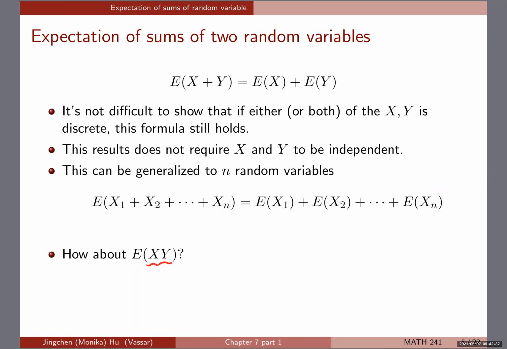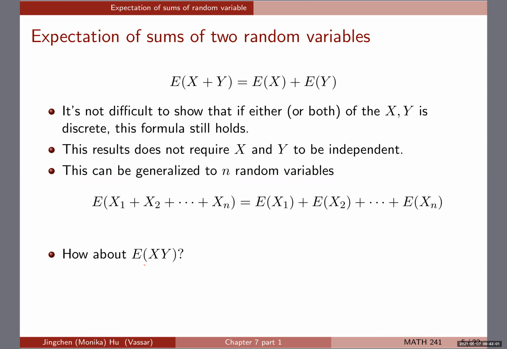Remember, we have the general result for the joint function to find the expectation of g(x,y). Earlier, x plus y was the g(x,y) function. Now x times y is the g(x,y) function.